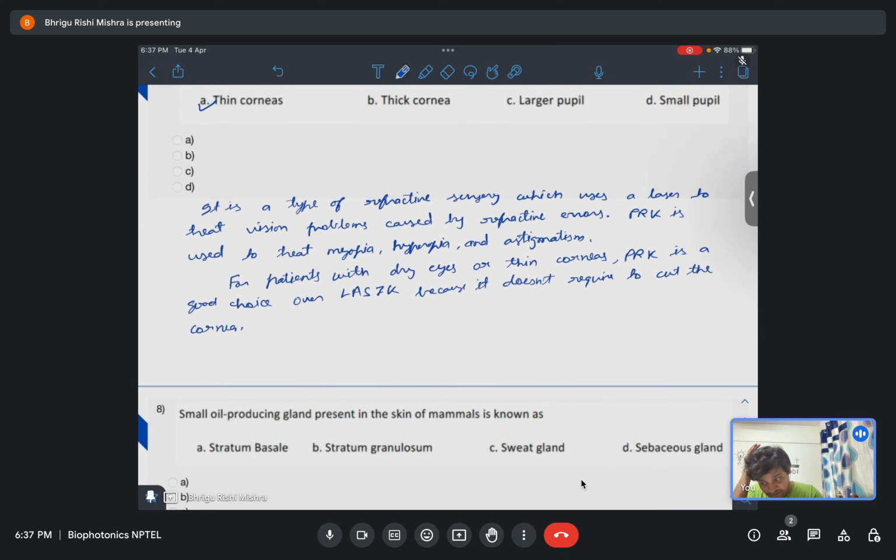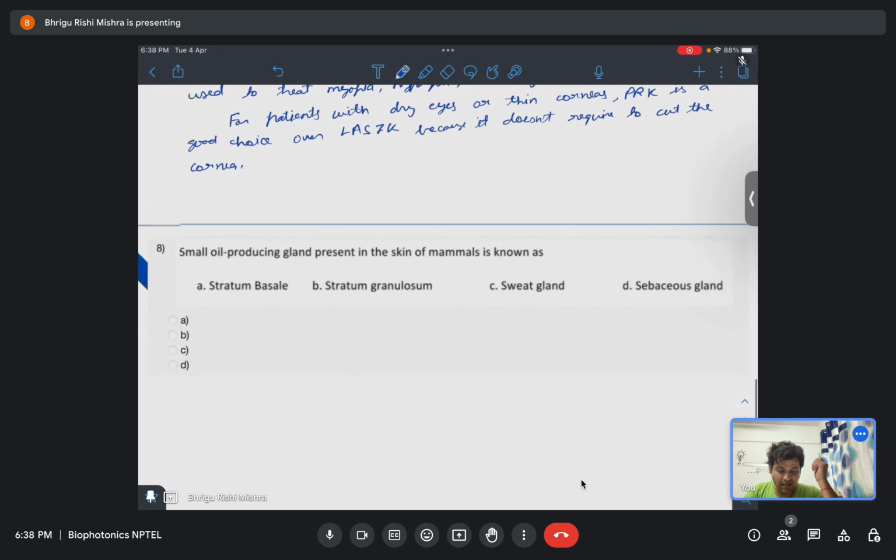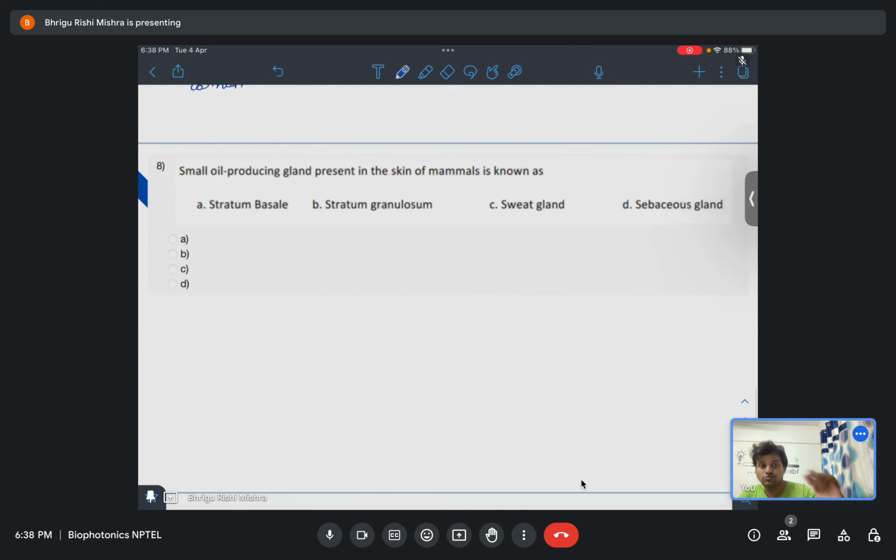Also, if the patient has a very active lifestyle or a job which he cannot leave, or it's urgent, then you should also go for PRK, not LASIK, because it doesn't require cutting the cornea. So that is also an important factor to choose PRK over LASIK.